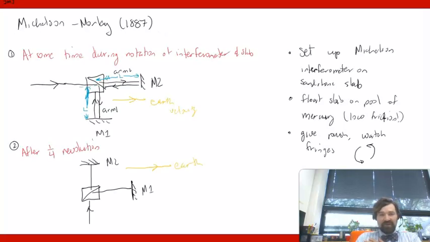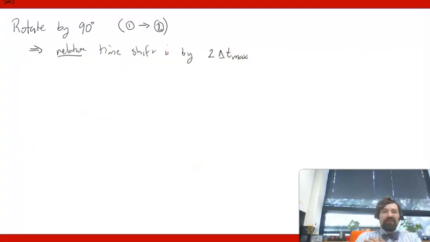And that introduces a total relative difference in time between the two of 2 delta t max. And that introduces in some sense a path length difference of 2 delta t max times whatever speed light happens to be traveling at, in other words, c.